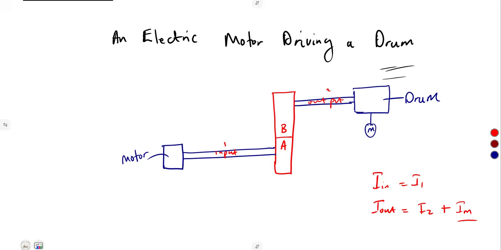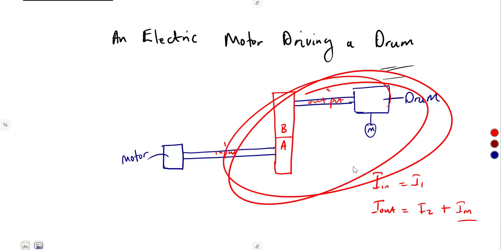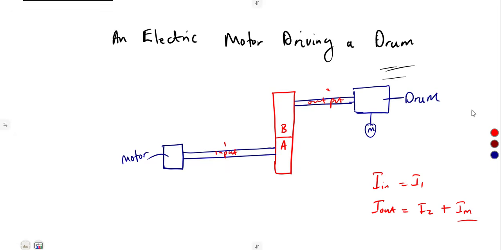And as we have the motor this time, we can calculate the torque that is required by the motor to accelerate the system, the whole system as it is.